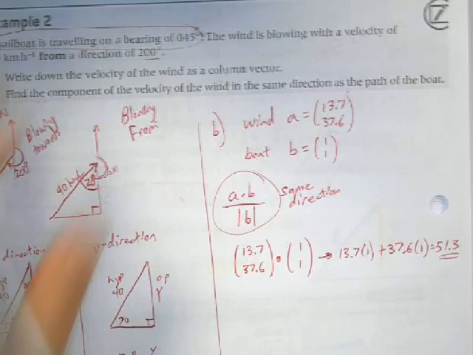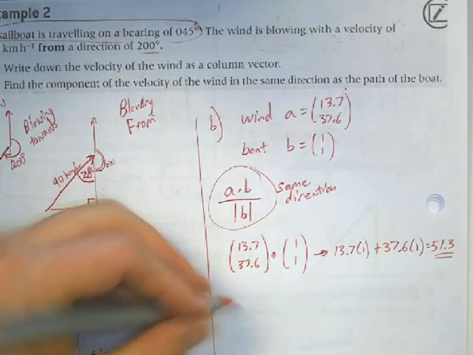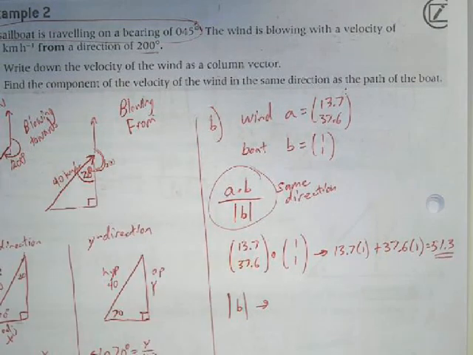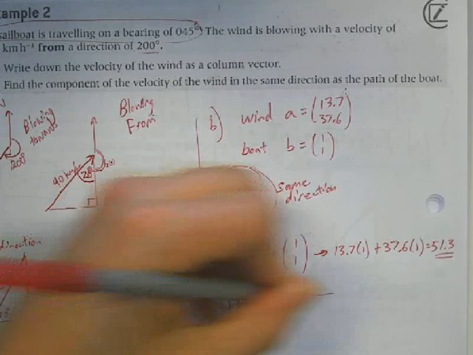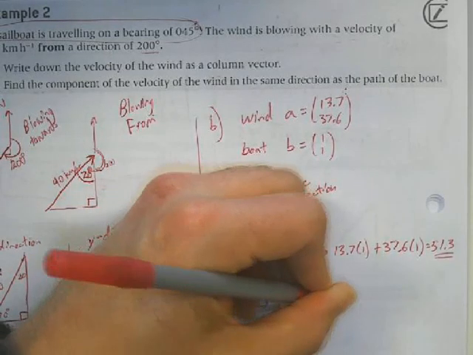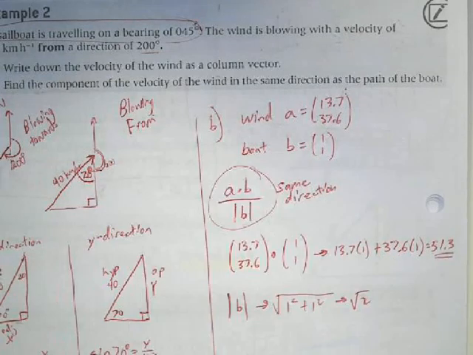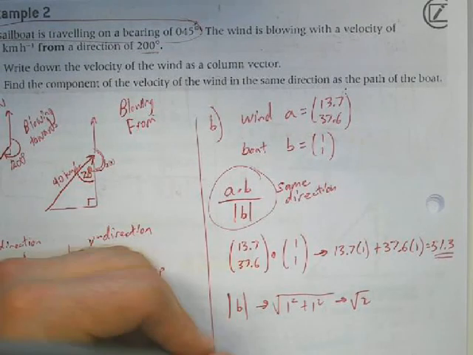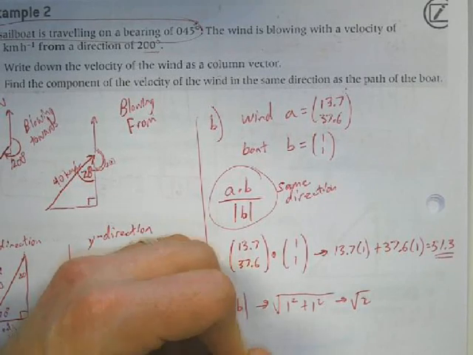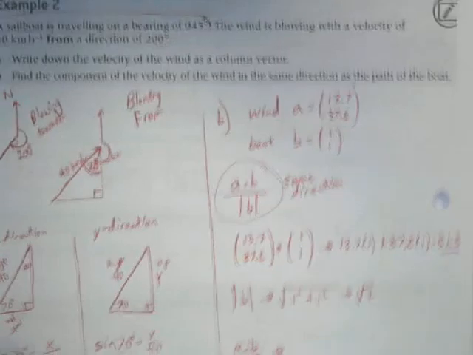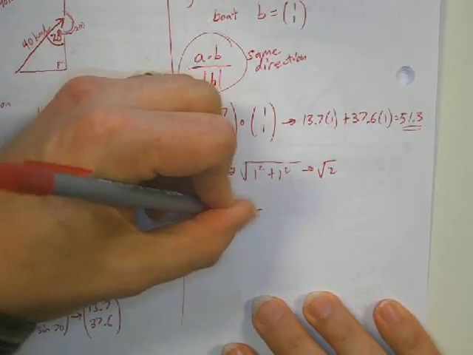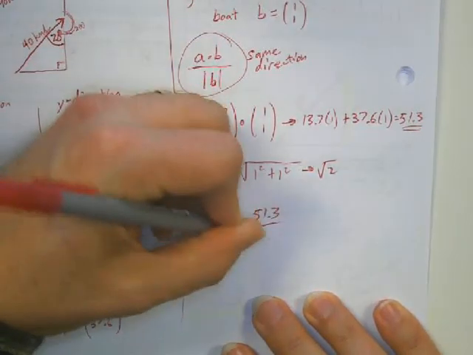Okay, and the magnitude of B is the square root of 1 squared plus 1 squared, which is the square root of 2. And now we can say A dot B over magnitude of B is equal to 51.3 divided by the square root of 2.